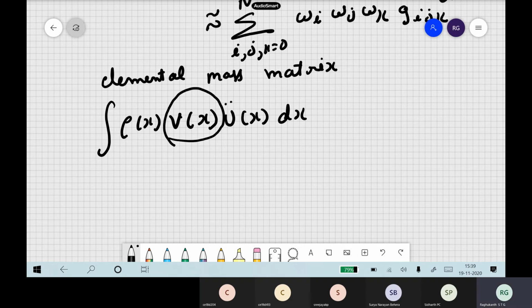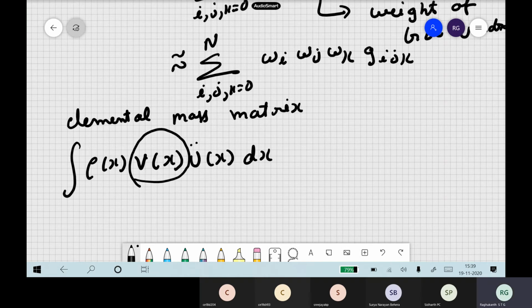Now, you remember last class, what did we do for the 1 dimensional case? What do we do for v of x? What test functions do we use generally in finite element also? These test functions are arbitrary, right?